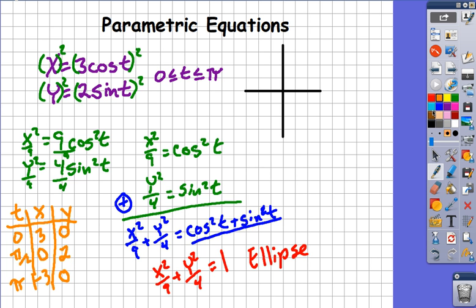So we've now got these ordered pairs that we can plot: (3, 0), which would be here, (0, 2), there, and then (-3, 0), there. So we only have that part of our ellipse, and we're going in that direction.